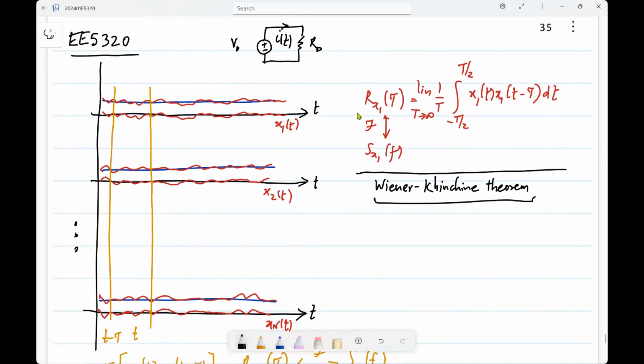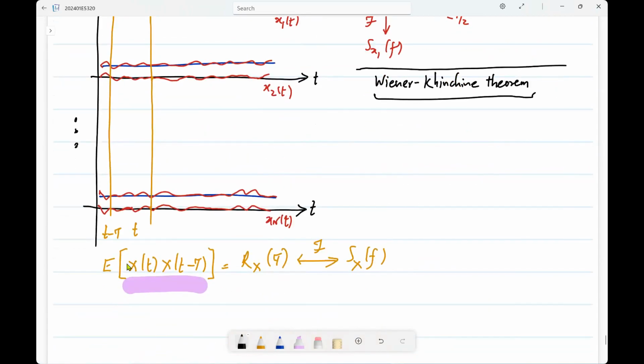I'm thinking of it as a known signal and calculating this function. This has nothing to do with probabilities. Whereas this expectation is, at this time, you look at all the values of all these instances, and at t minus tau, you look at those instances, you take the product, you weight it by the joint probability density function and average that.